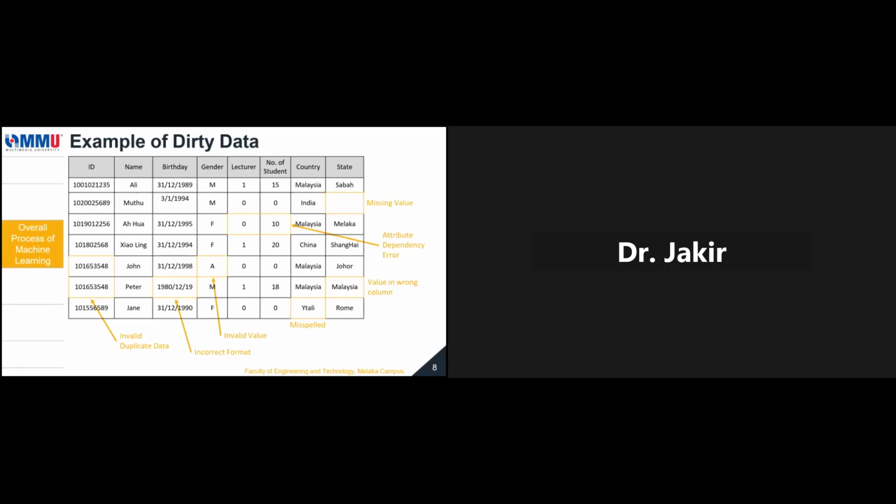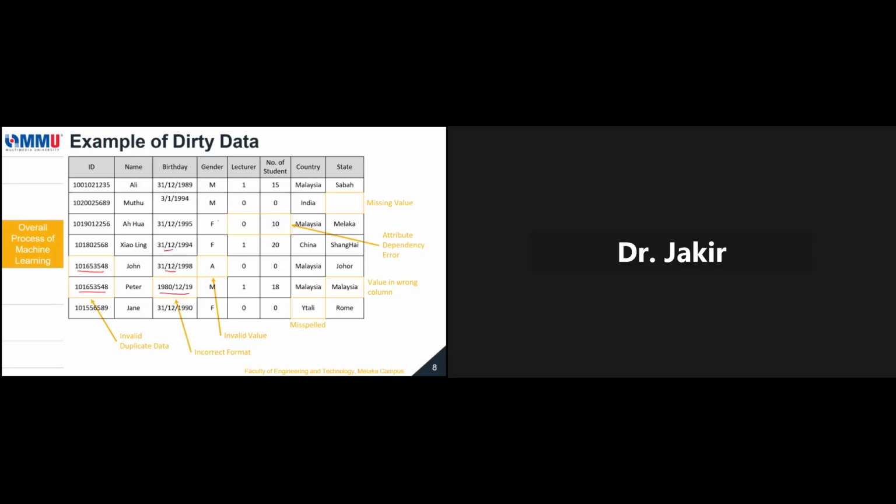You see here, there is duplicate data. It is invalid duplicate data. You see this one and this one are duplicates, right? Incorrect format here. You see this one and this one, and suddenly the ER is coming at the beginning. So we call this incorrect format.